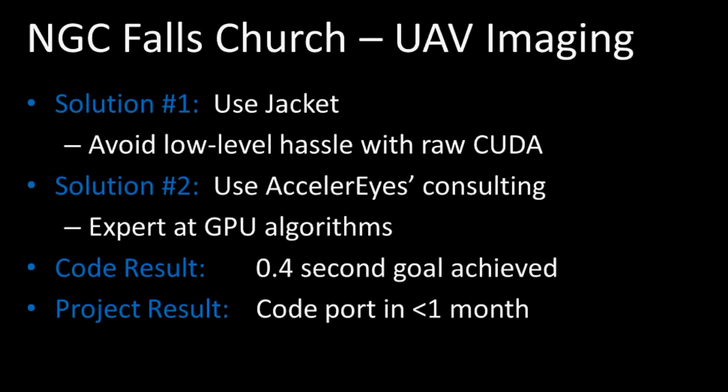With Jacket, in a matter of a few hours, you can start to experience GPU acceleration without the low-level and very complicated details involved with writing raw CUDA code. So that was the first solution, and they started to see some nice speed-ups, but they knew it wasn't as much as they wanted.